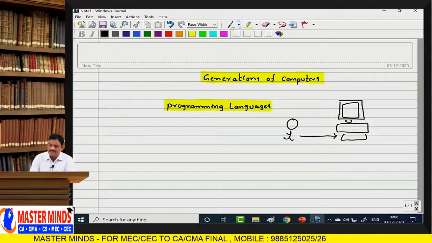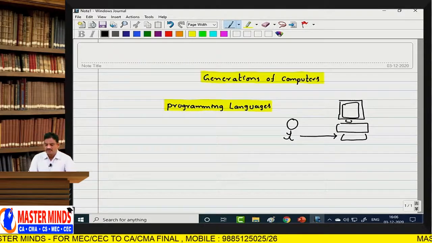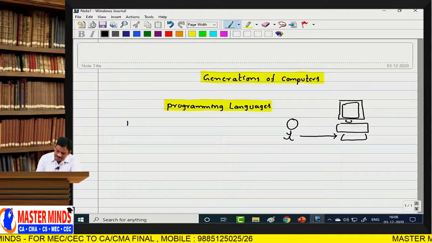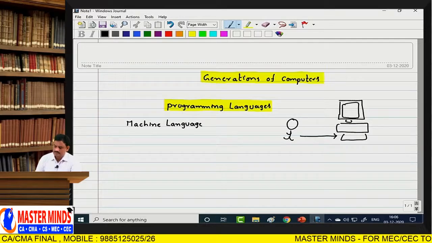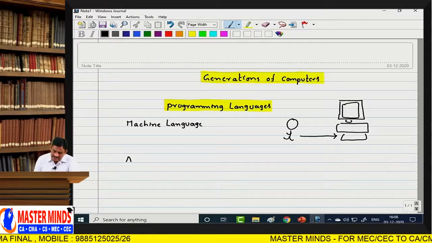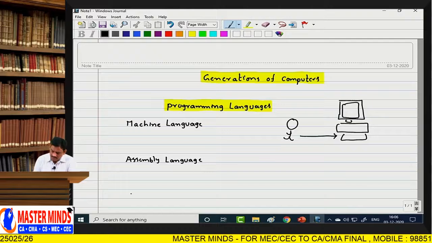Programming languages can be divided into different categories. The first one is machine language, then assembly language, and high level languages.